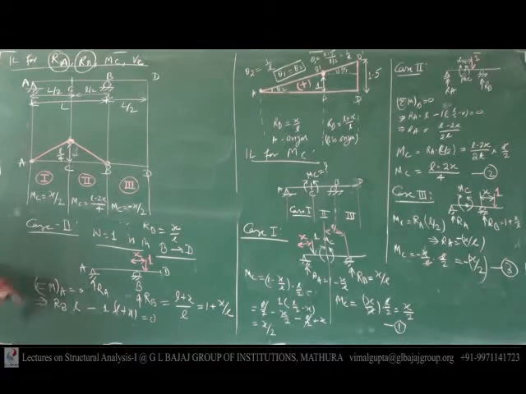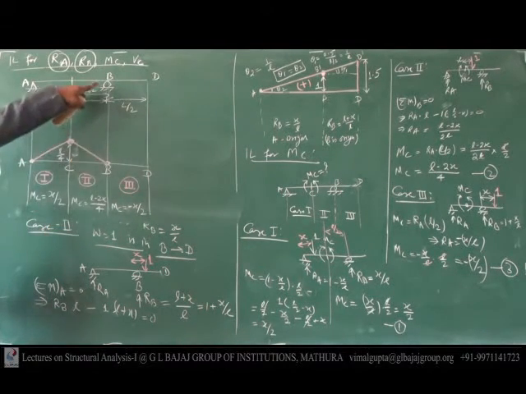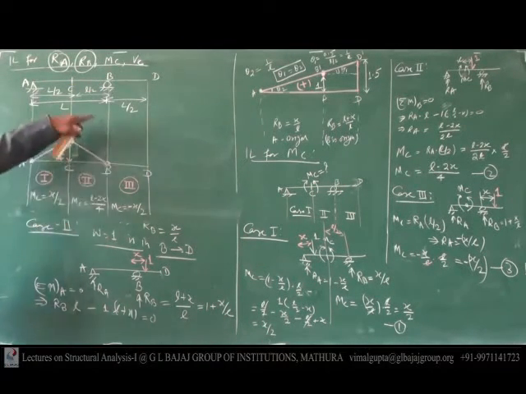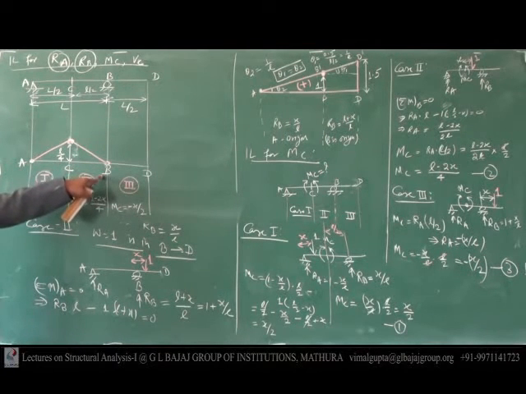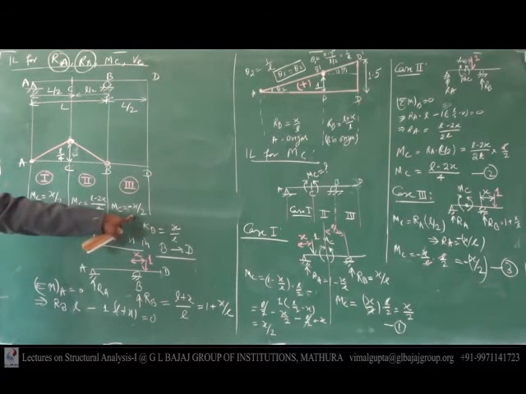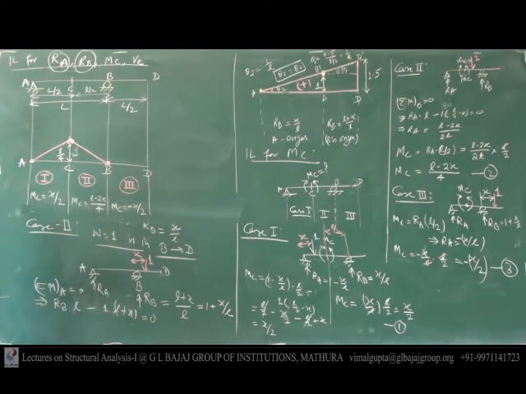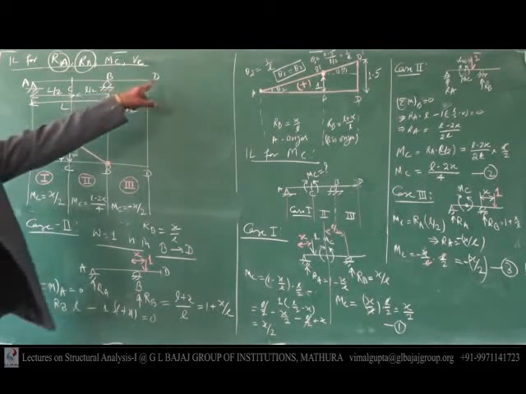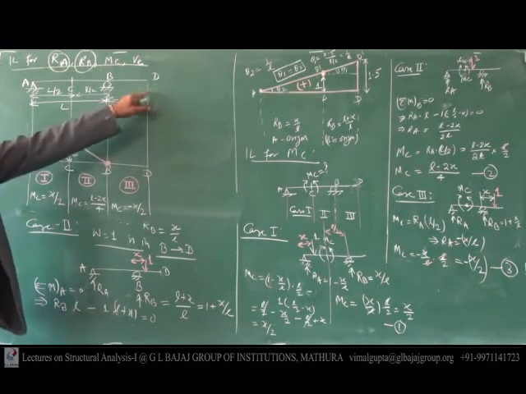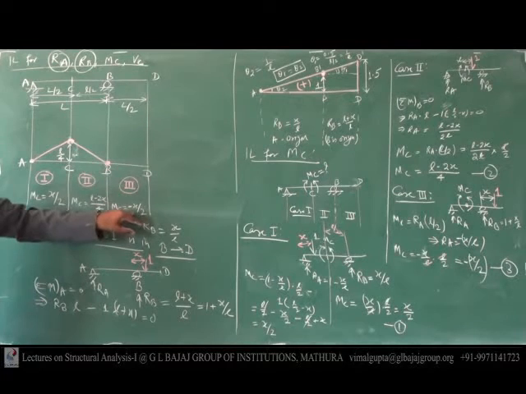Now when the value of x is at point B, x is 0, put the value 0, you will get the same point. At point D, put L by 2 here, you will get minus L by 4.